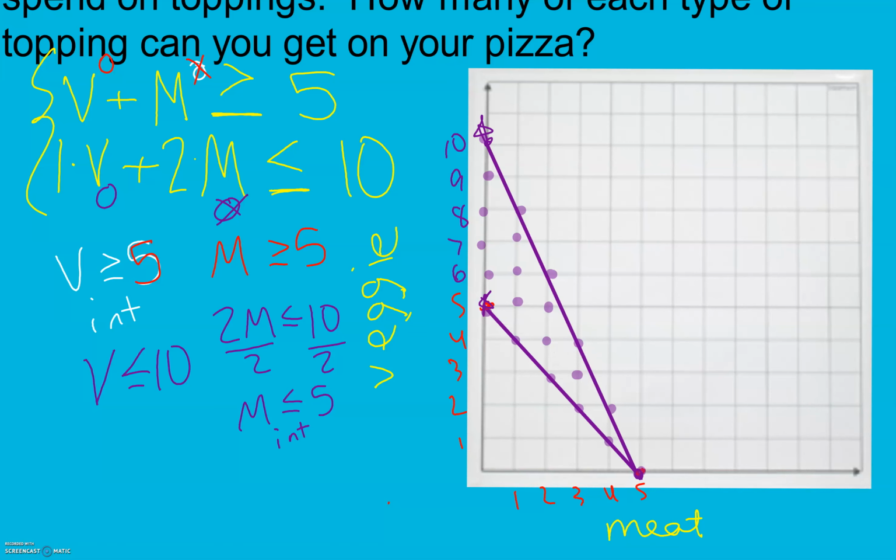There we go. So all those points that I have here are our options. We could have 3 meats and 3 veggies. We could have 6 meats and 6 veggies and 1 meat. Any of those options satisfy both of our inequalities.